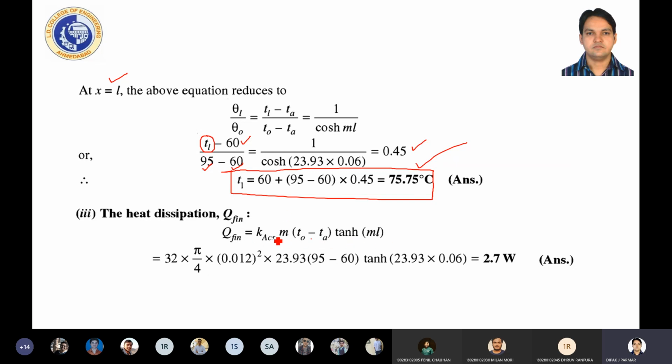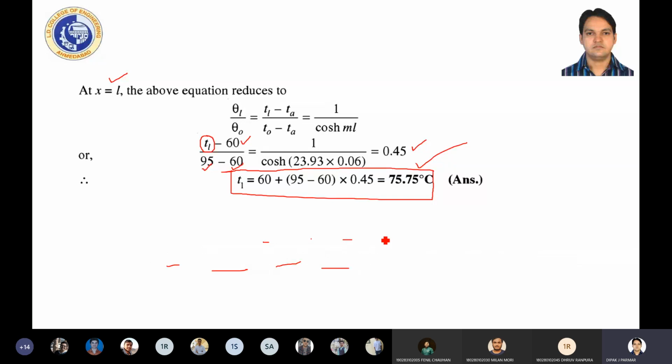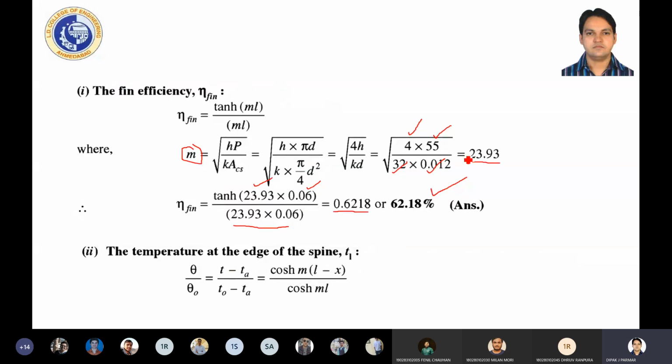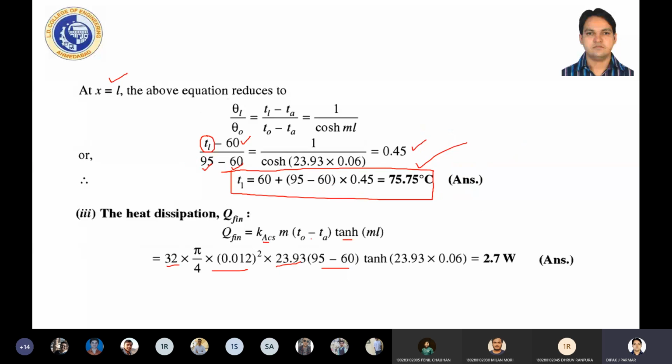If you put in the values, K is 32, cross section area is pi by 4 d squared, m is square root of hP by kAc, and delta T, then tanh(mL), with m and L already calculated here. So the heat dissipation through the fin comes to 2.7 watt.